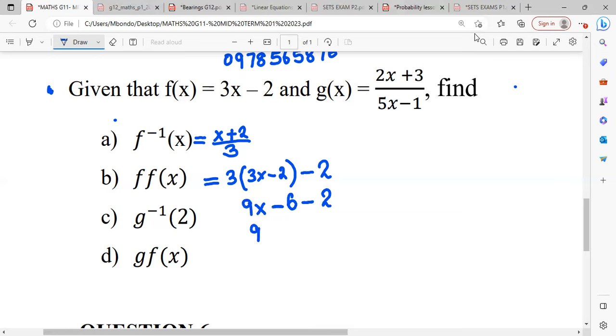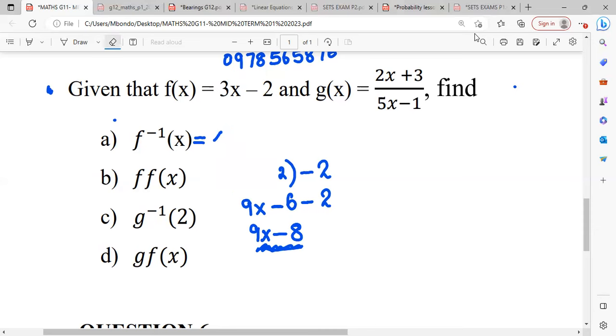When you simplify this one, you'll get 8. So this is what is going to be your answer for the second question. Do you get that? I hope you get that one.